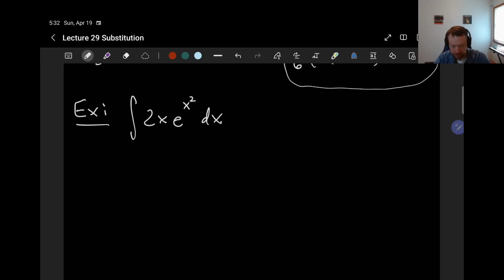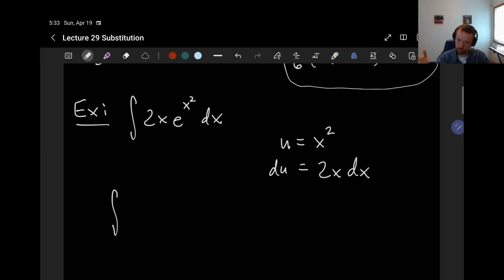So I have this x squared is like an inside function in the e. It's the input being plugged in. Notice I have the derivative of x squared sitting out here. So this is set up very well. If I make u my x squared, then du is 2x dx. And here we see you've got 2x dx. So those together form my new du.